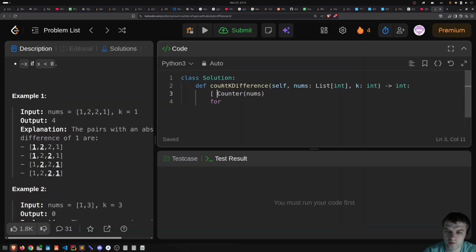Let's go items, and then for i, num, fq. Okay, so one-liner will not help.